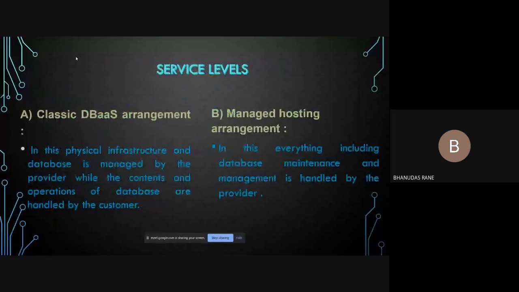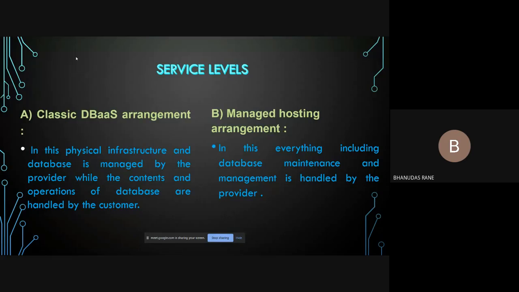First is the classic database as a service arrangement. In this, the physical infrastructure and database are managed by the provider, while the contents and operation of the database are handled by the customer. So in this classic arrangement, all the work related to the database and its operation is handled by the customer, and also it is our decision to manage the database.